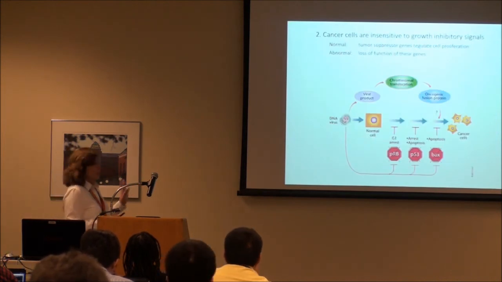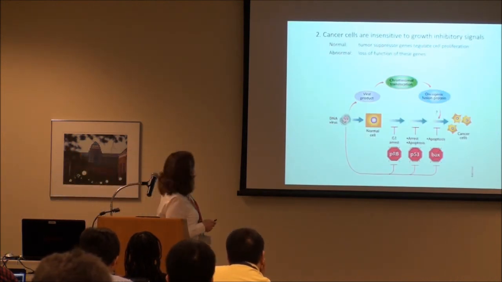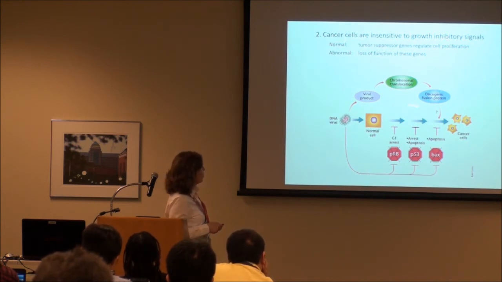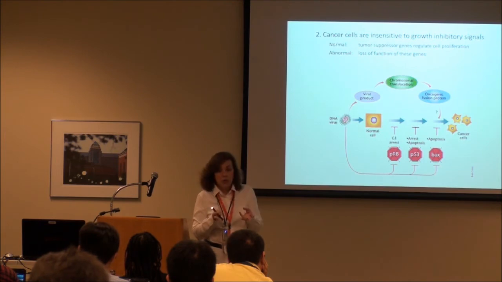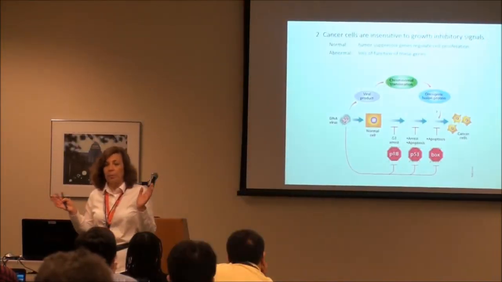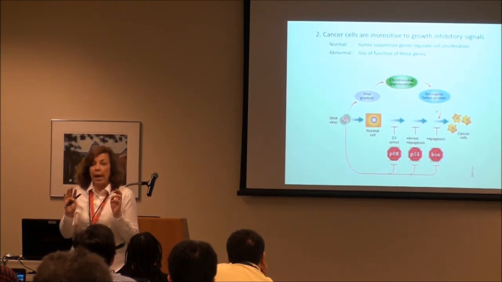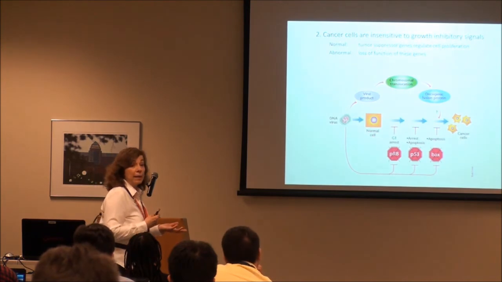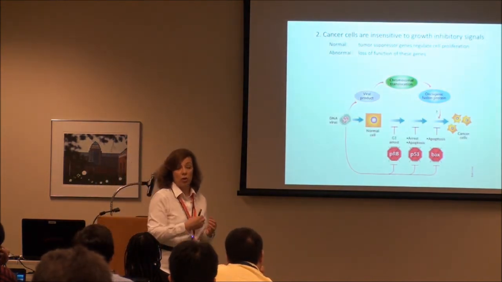The other property of malignant transformation is that the cancer cells are insensitive to growth inhibitory signals. And there are certain signals, and I told you that one important one is the signaling pathway for apoptosis, and that can sense the changes and abnormalities and start the destruction of the cell.